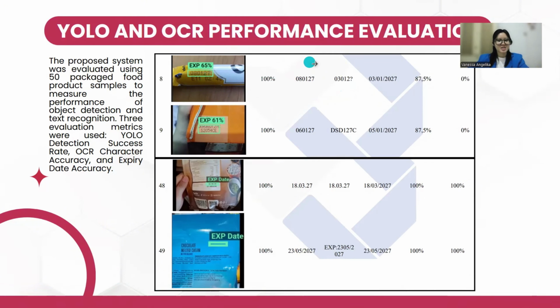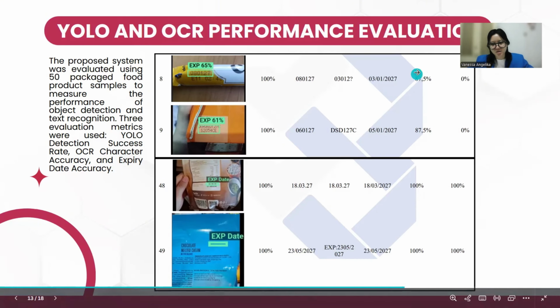And then this is the ground truth, the true expiry date from the food package. And then this is the prediction, or the extraction by Google ML Kit, and this is the output normalized into a standard format by regex processing.